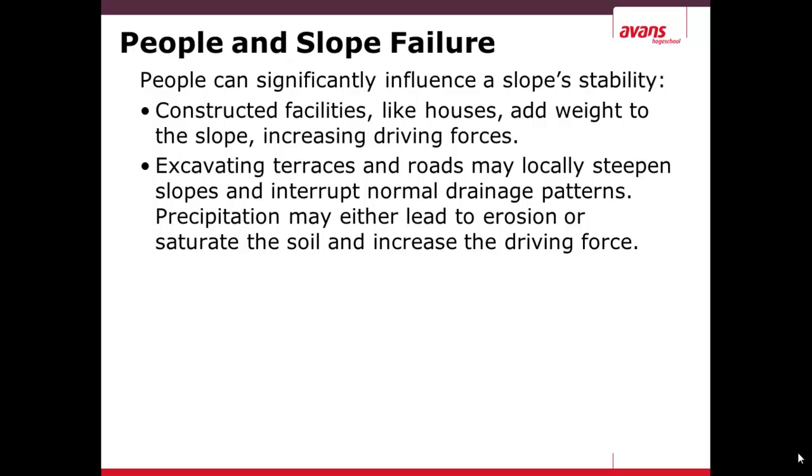They can excavate terraces and pave roads, which may steepen the slope and also interrupt the drainage pattern of the water, which means there's more precipitation, more erosion, more saturation, and therefore an increase of the driving force, as mentioned in one of the first few slides, due to the increase of weight of the soil and filling the pores. The contact between the soil and the rocks has decreased.